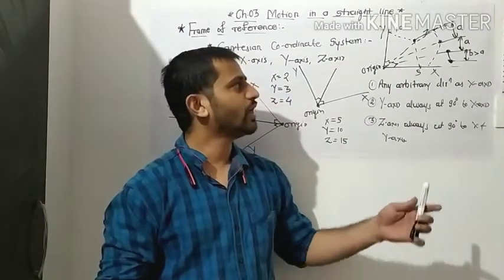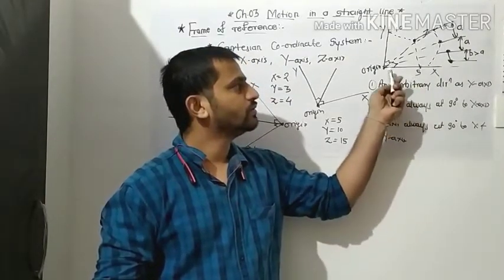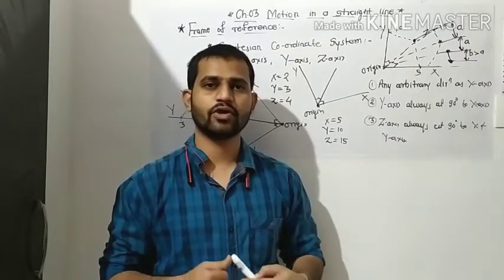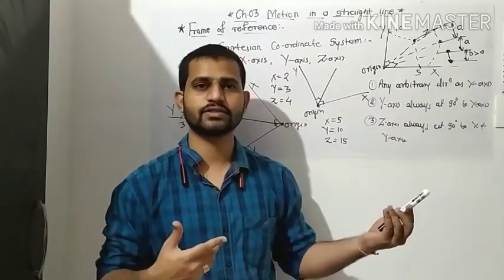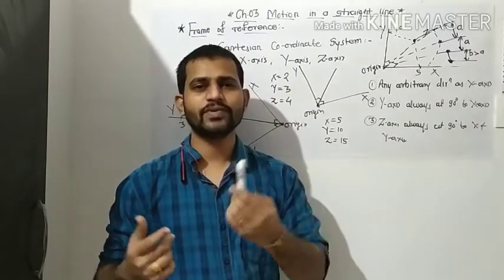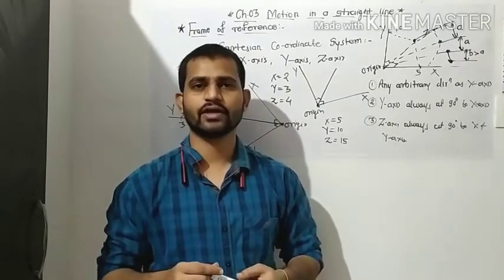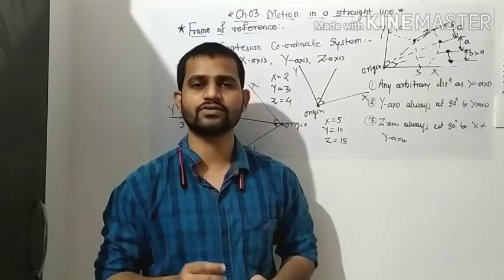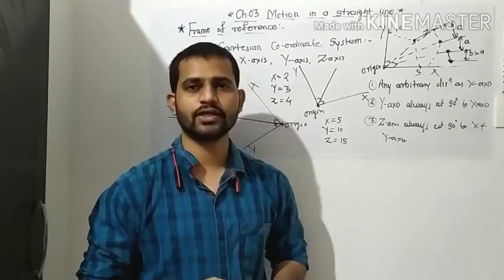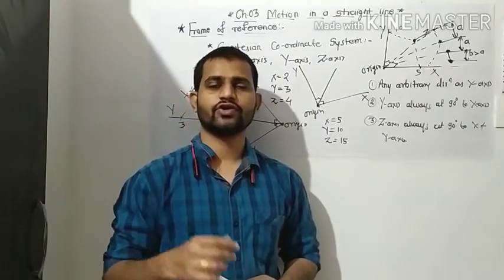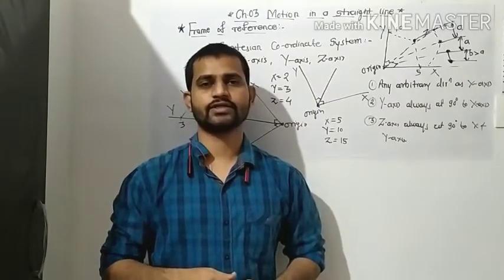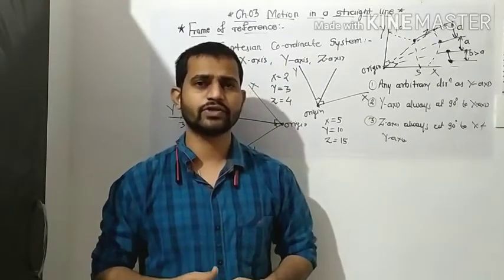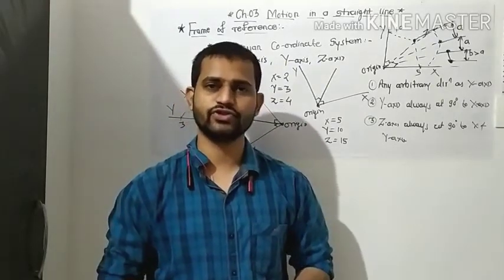We have this Cartesian system for our ease, because on the basis of one reference point and a measurement system of time, we can study the state of an object: whether it is in motion or at rest, having uniform velocity or accelerated motion.